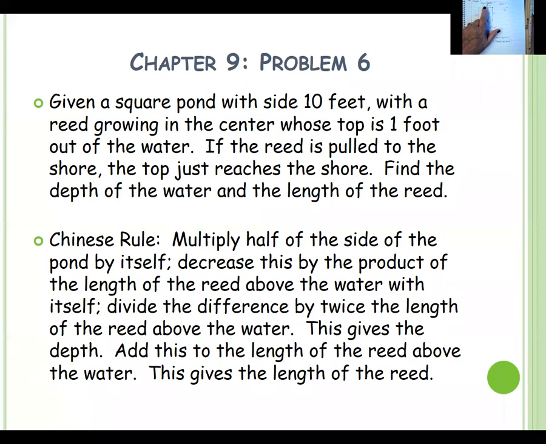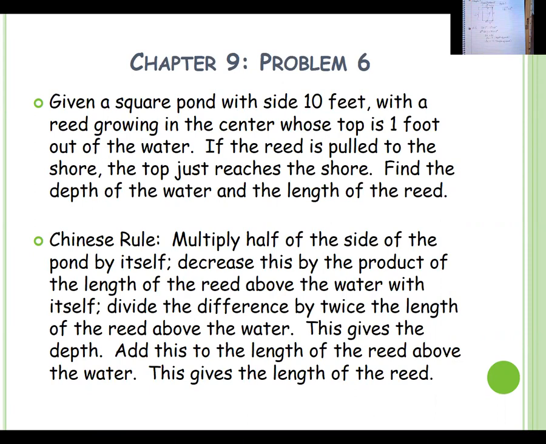Suppose we don't know it. Suppose we just know it's L. So decrease it by the product of the length of the reed by itself. Decrease means subtract. L squared, where L is the length of the reed above the water.